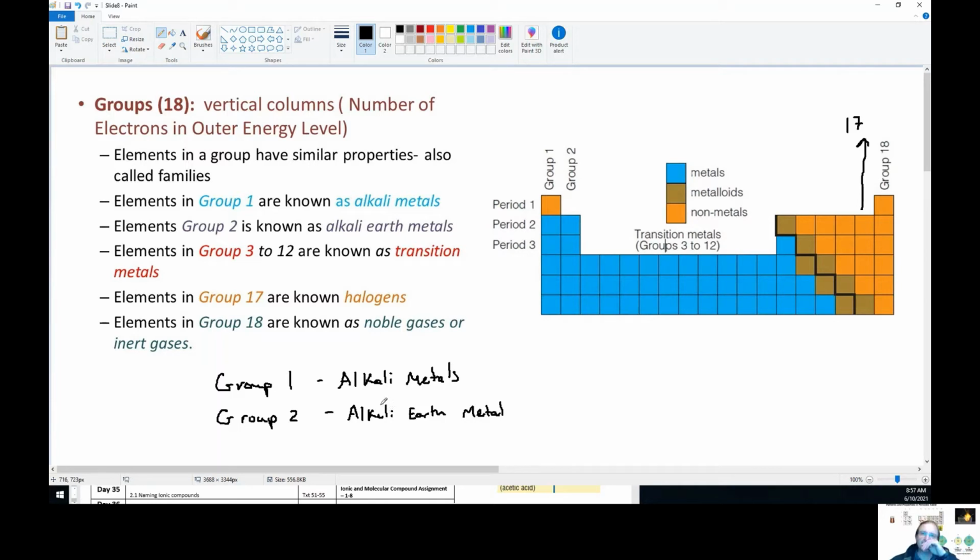Now there's a reason why they're called alkali. Alkali is another word for basic or alkaline. And essentially what that means is when these metals are in water, especially if they go into water in their pure form, they'll end up kicking hydrogen out of the water.